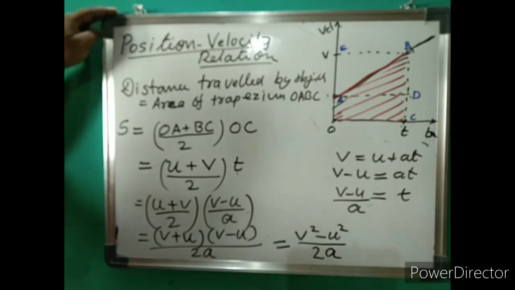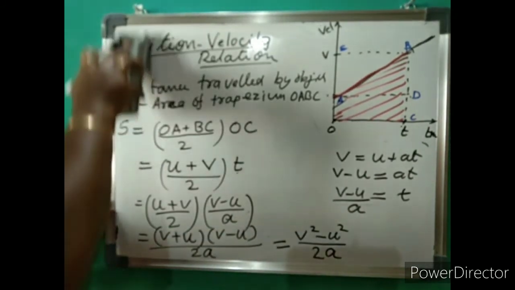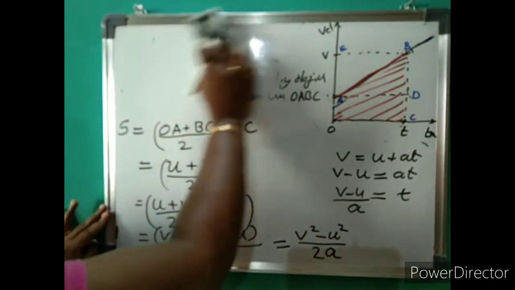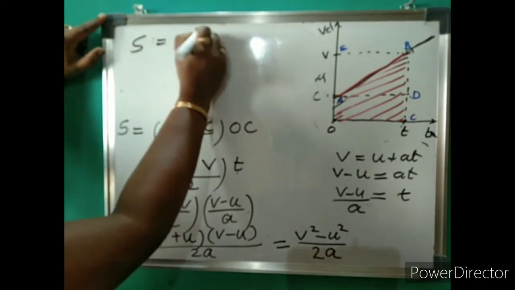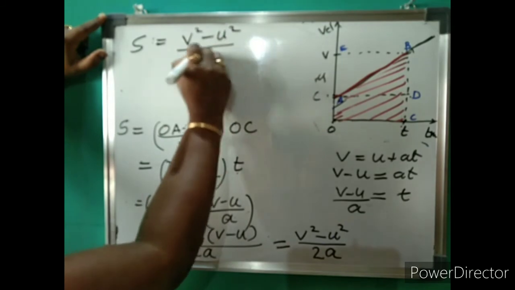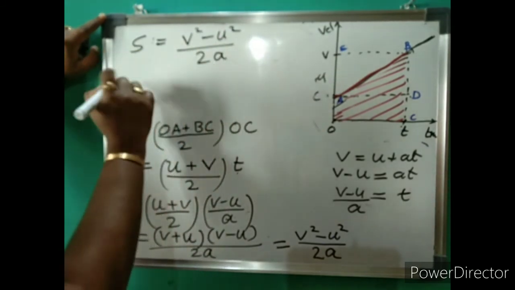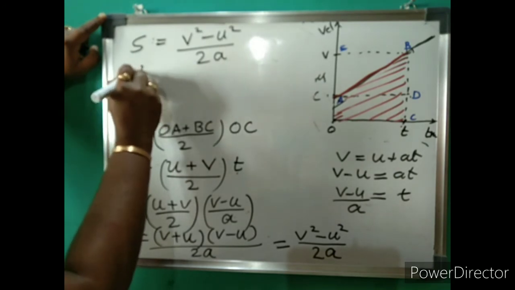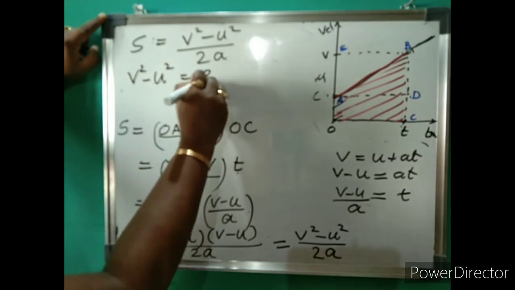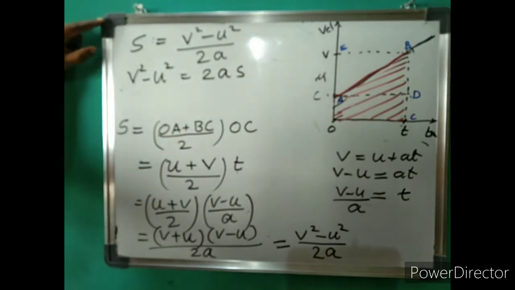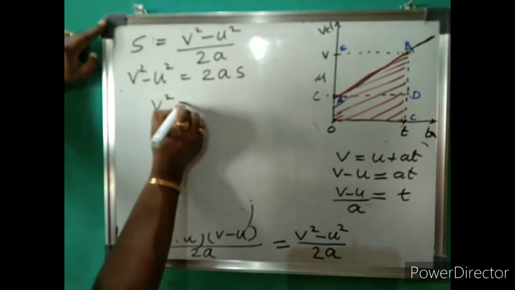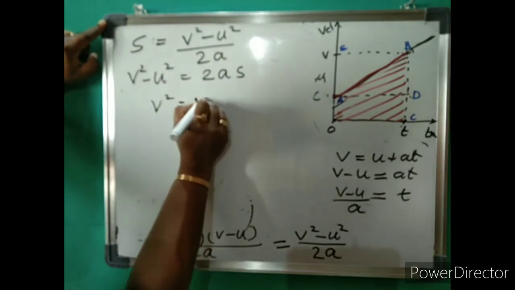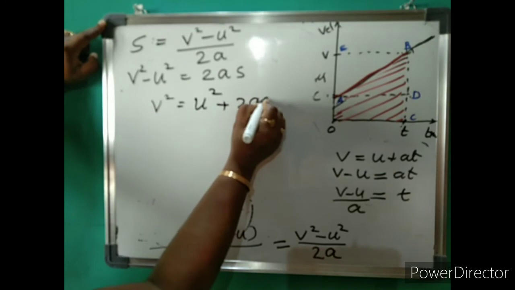So S is equal to v square minus u square divided by 2a, or multiplying, v square minus u square is equal to 2aS, or v square is equal to u square plus 2aS.